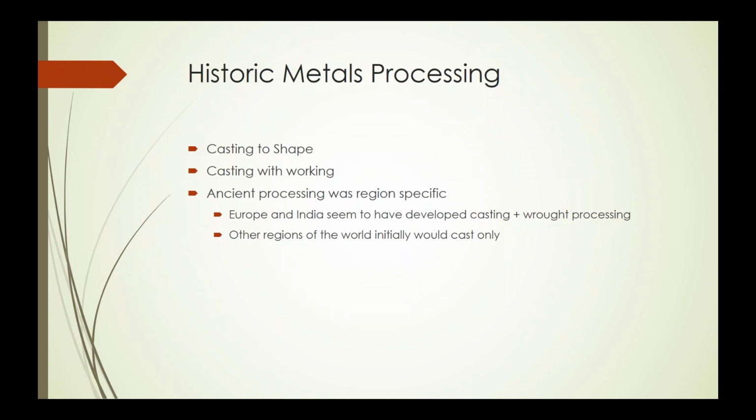Europe and India seem to have developed casting and wrought processing. In other words, they would be able to hammer it or roll it or do something with it afterwards, or they had learned how to do that. Other regions, such as China and the Americas, both North and South, there was only evidence that casting was done early on. That was supplanted when people started moving between continents.